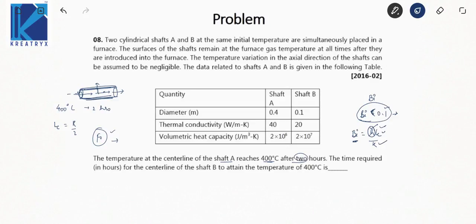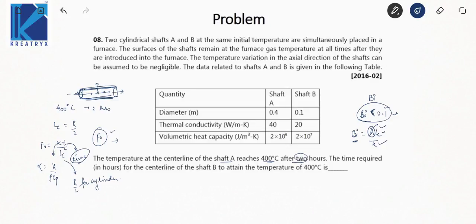So you know that Fourier number is equal to alpha t by Lc square. Alpha is thermal diffusivity, which is equal to K by rho Cp. t is time, and Lc is characteristic length, which is R by 2 for a cylinder.